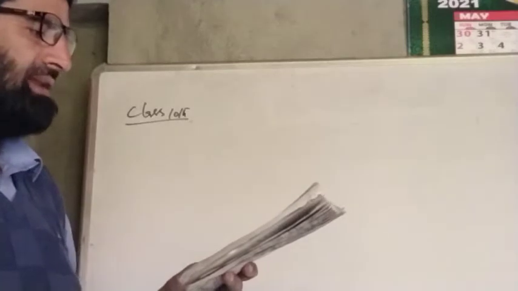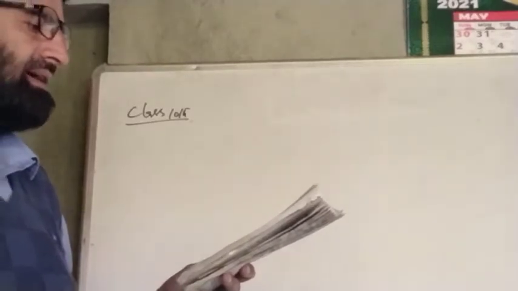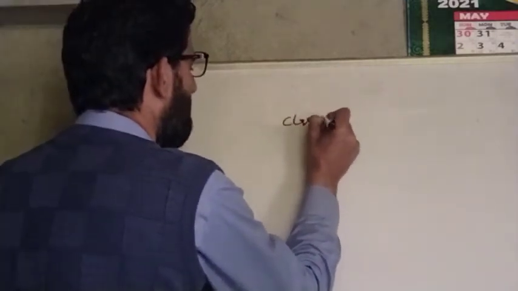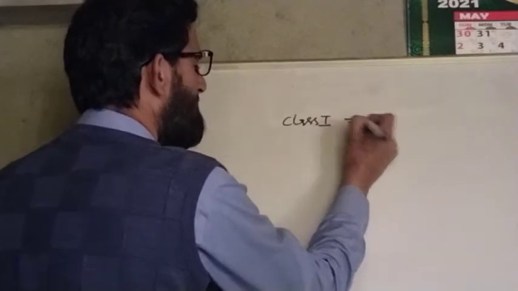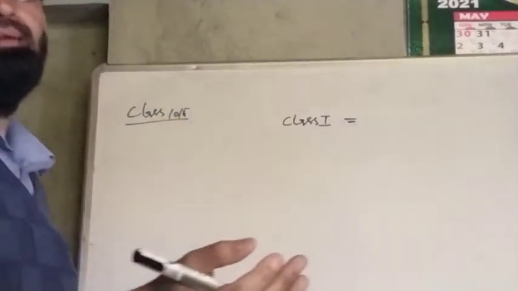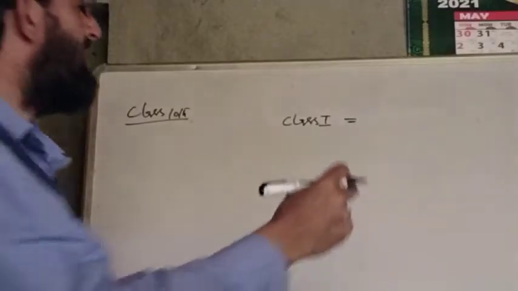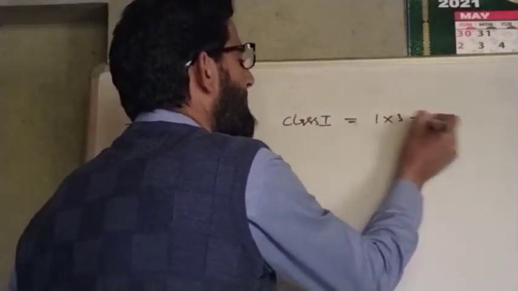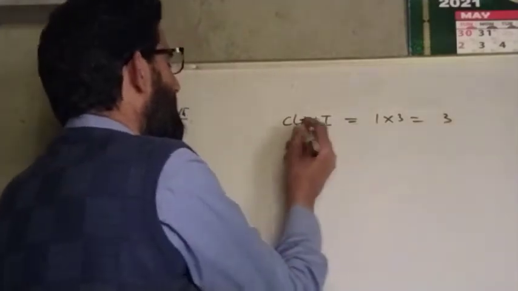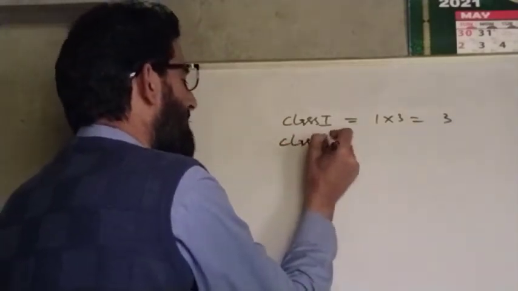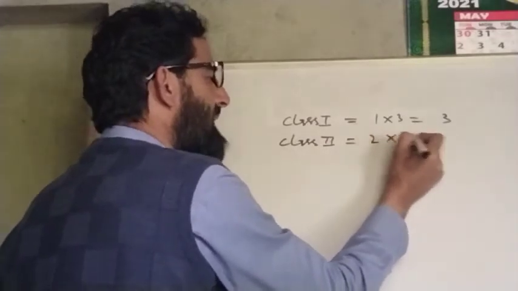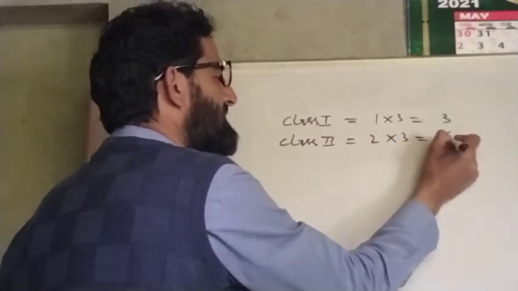Up to class 12, there are 3 sections in each class. That means class first will plant one tree, but there are 3 sections in class 1, that is 1 into 3, that is 3. Similarly, class second plants 2 trees, and there are 3 sections, again multiplied by 3, this is 6.